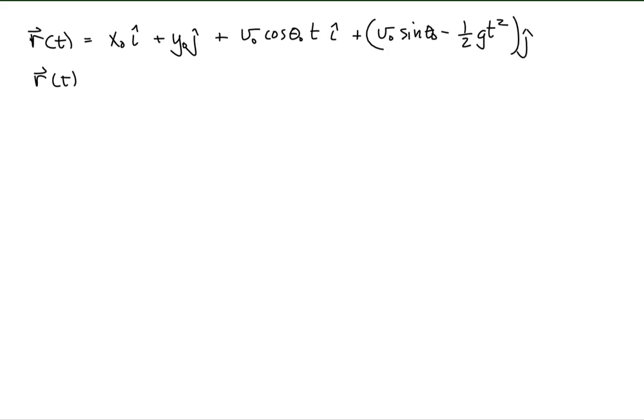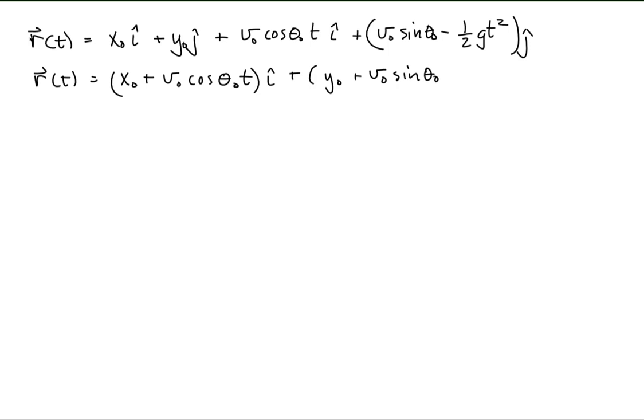So let's collect the terms together. For the x component, we have x naught plus v naught cosine theta naught t. And for the y component, we have y naught plus v naught sine theta naught.